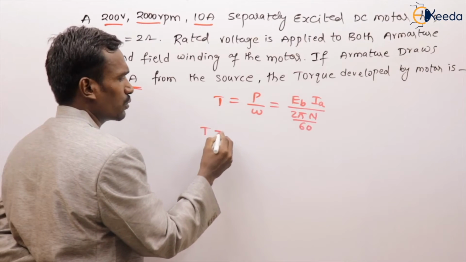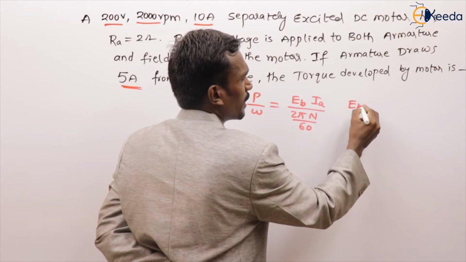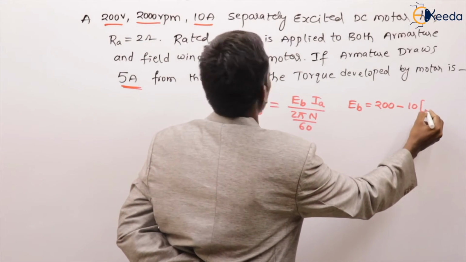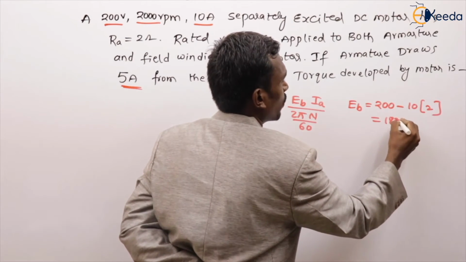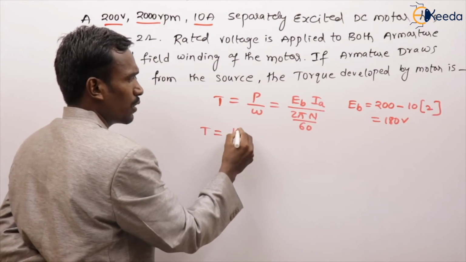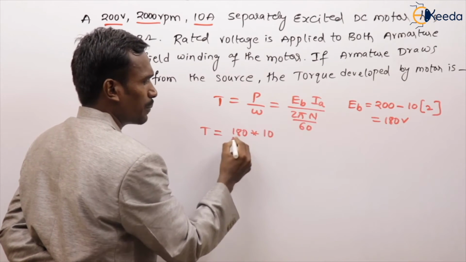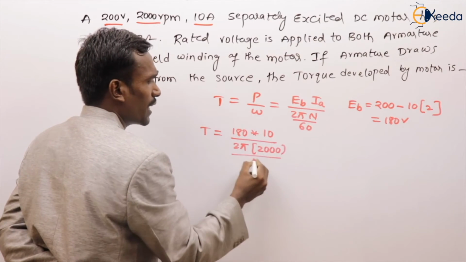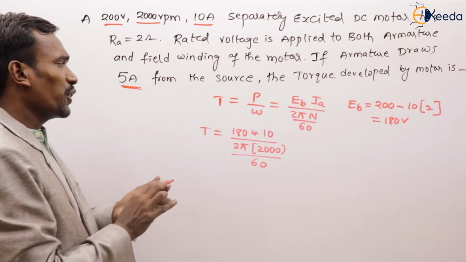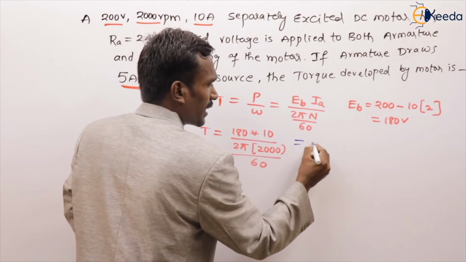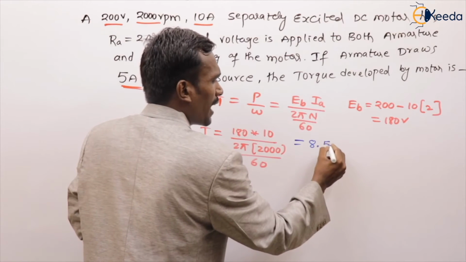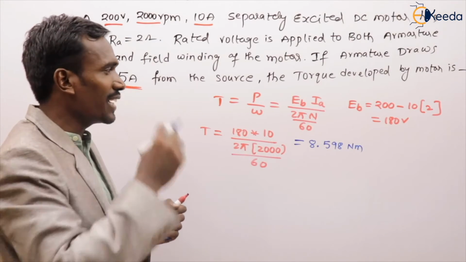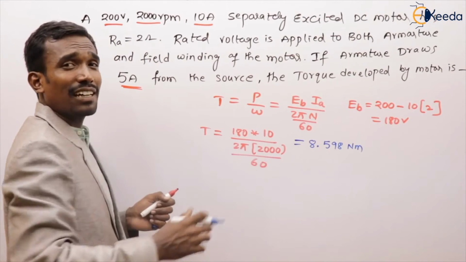First find out EB. EB is equal to V minus IA into RA, nothing but 180 volts. If you substitute 180 into 10 amperes divided by 2 pi into 2000 divided by 60, you get 8.598 Newton meters. But actually, this is not the correct answer.